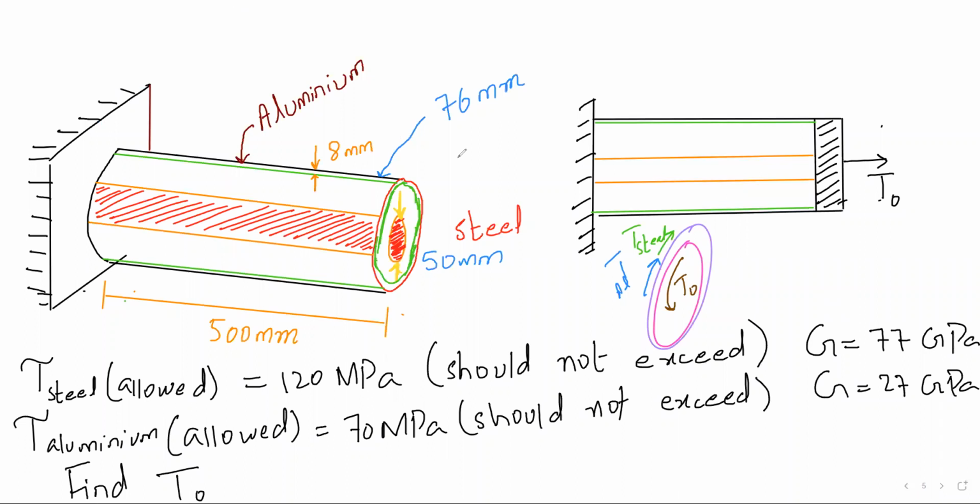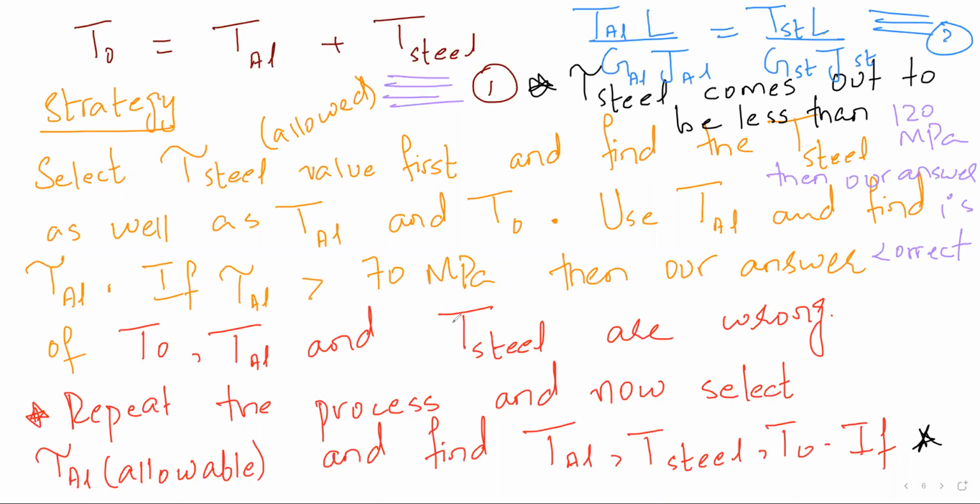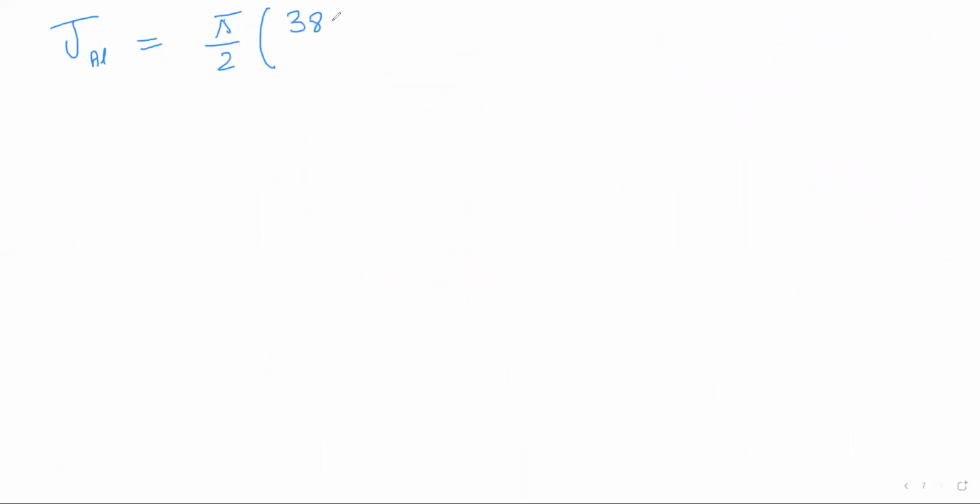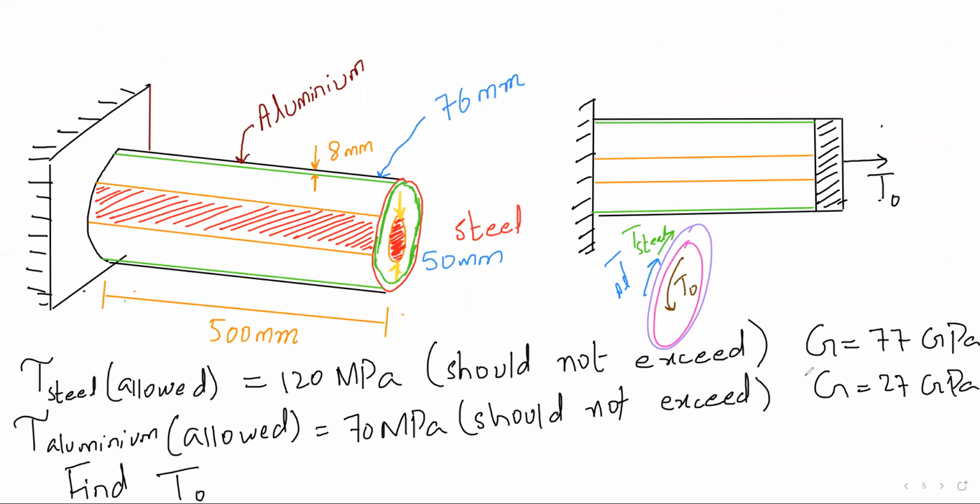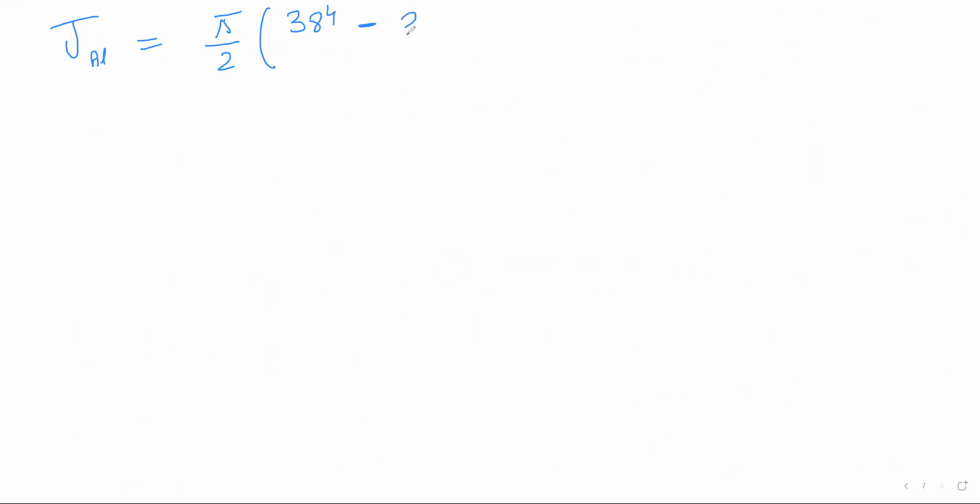It is hollow, 76 and 8. 76 over 2 is 38. 38 minus 8, so I have 38 power 4 minus 30 power 4, divided by 1000 power 4.